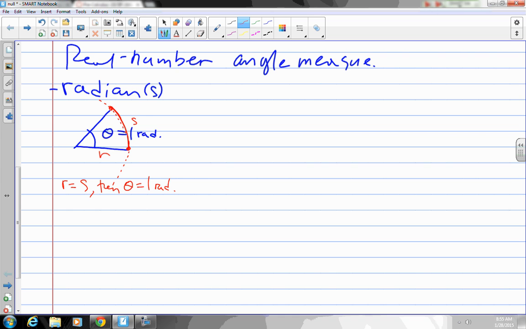Okay? So if the radius equals the arc length, you open it to the point where this length right here equals this length right there. So when that happens, boom, the size of that angle is defined to be 1 radian.